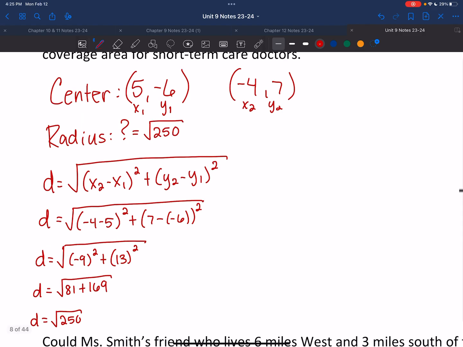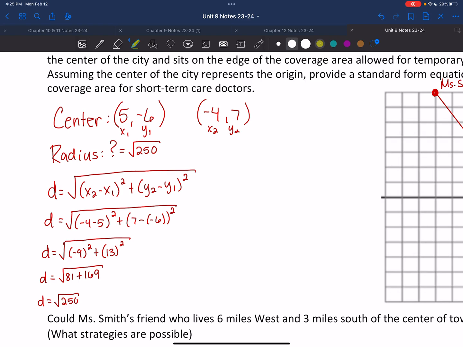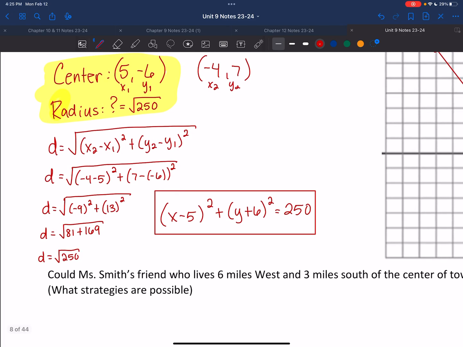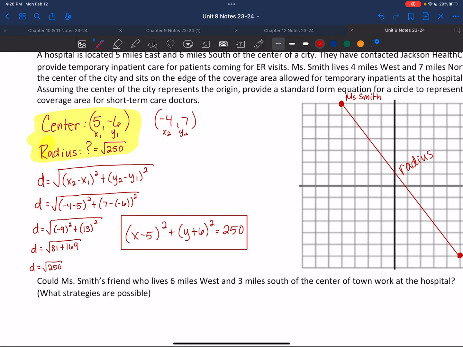And so when I combine these two things, my center and my radius, to create a circle, I get an equation that looks like (x minus 5) squared plus (y plus 6) squared equals r squared, which is just 250. Remember that radical goes away when you square it. And so I've got my equation for the circle.